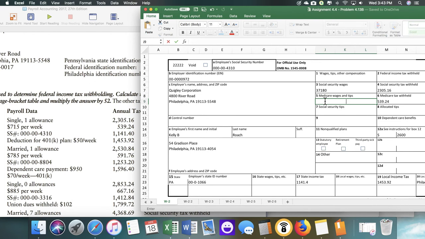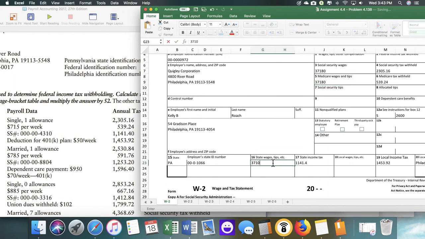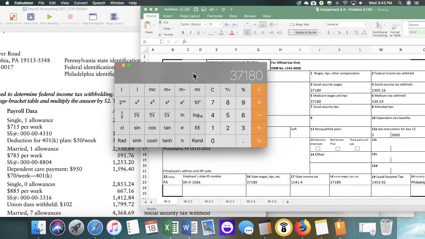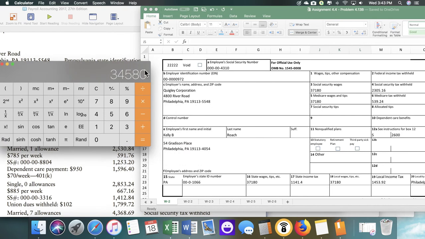The reason it is not for box number 1 is because she does have the 401k. The 401k reduces your taxable income for federal income tax. And so that box is going to be different. So to find out how much goes in box 1, we're going to take the actual income and subtract the 401k contributions of $2,600. So that gives us $34,580.